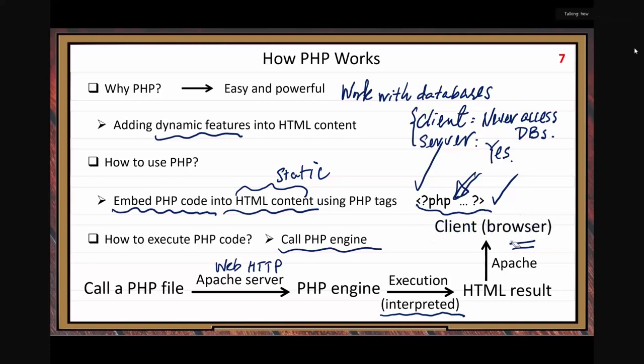Then, at the client side, the user can see the result page. So that's the whole procedure of how to execute a PHP program.